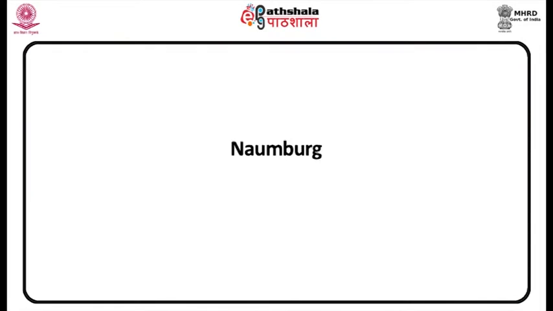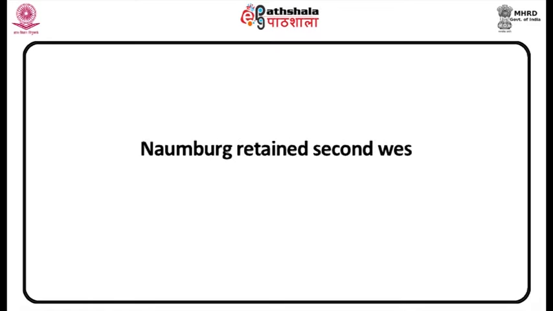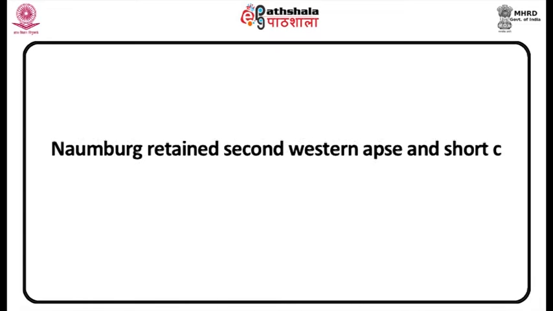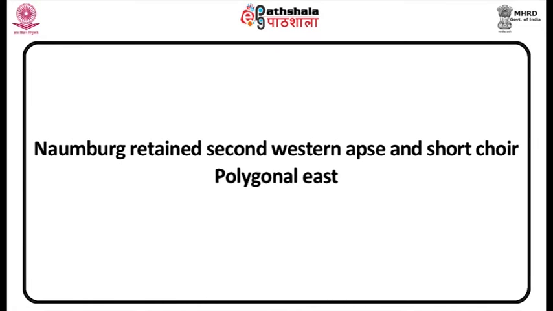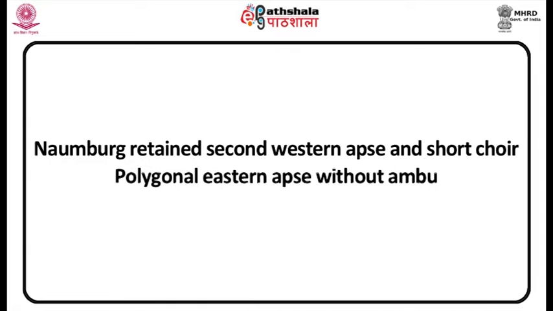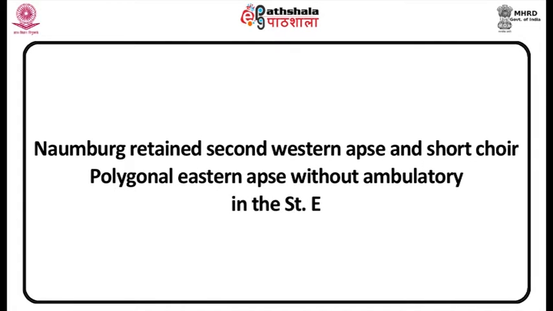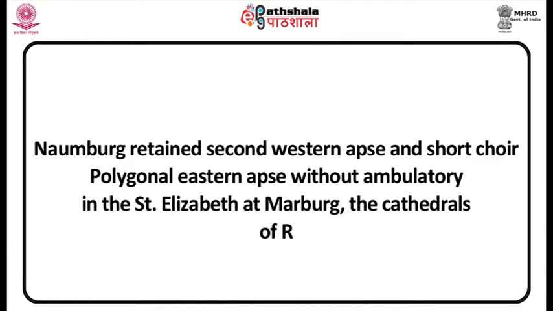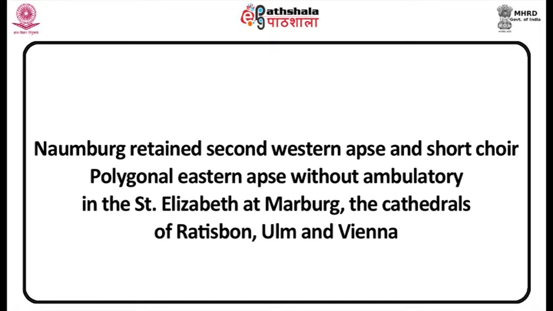The plans were more varied than in any other European country. Some churches like Naumburg retained the Romanesque system of a second western apse and short choir. A polygonal eastern apse without ambulatory is seen in St. Elizabeth in Marburg, the Cathedral of Ratisbon, Ulm and Vienna, and many other churches.